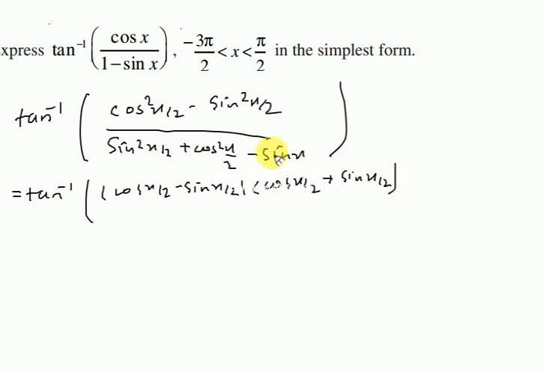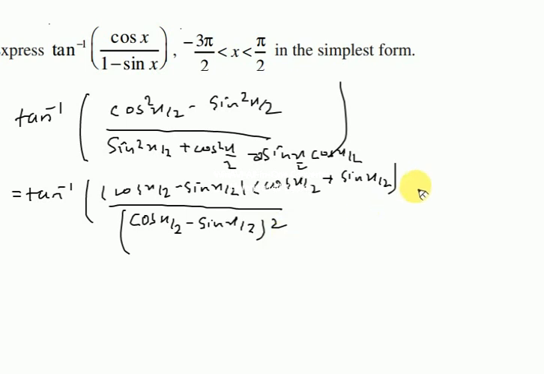In here this sin x can be written as 2 sin x by 2 into cos x by 2, so this denominator is nothing but cos x by 2 minus sin x by 2 the whole square. Why am I considering this as cos x by 2 minus sin x by 2 whole square? Here x is minus 3 pi by 2 to pi by 2. Therefore, x by 2 will be minus 3 pi by 4 to pi by 4. There cos x by 2 is greater than sin x by 2.